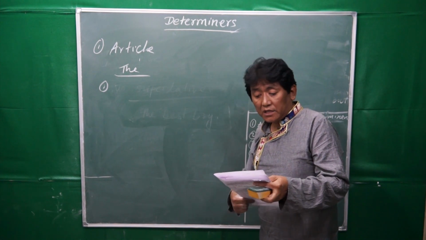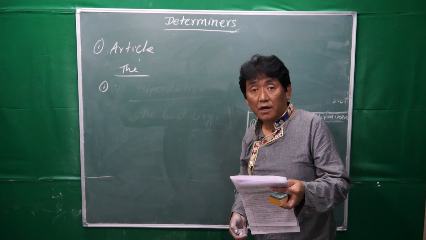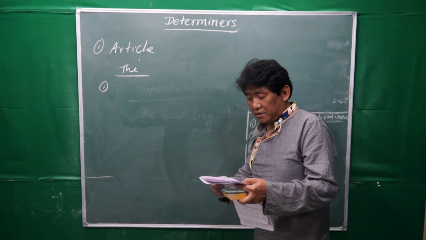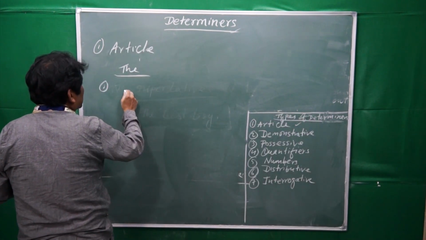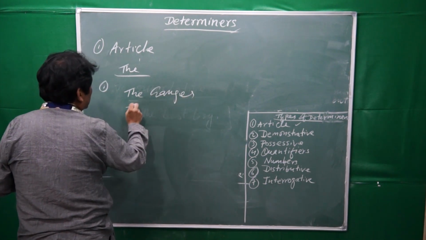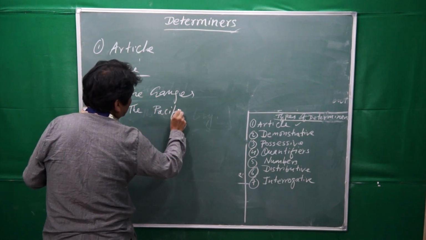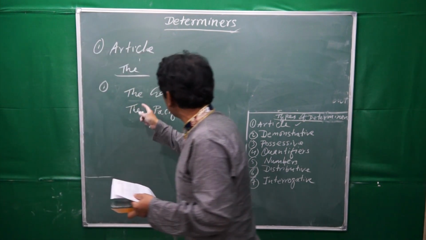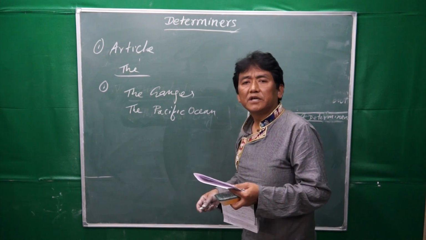Number three is that it is used in front of water bodies like oceans, seas, and rivers. Rivers, we write the Ganges, right? The Pacific Ocean, and also the Arabian Sea, right?